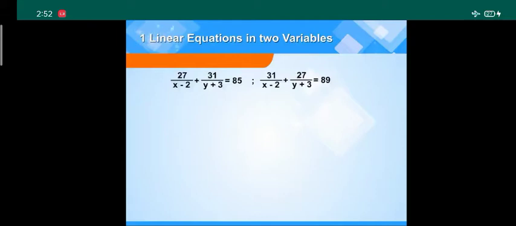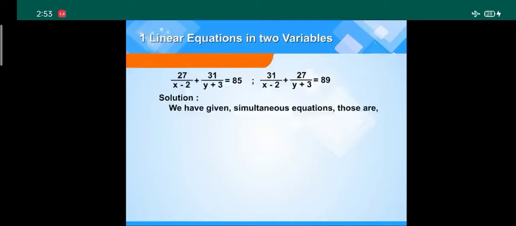27 divided by x minus 2 plus 31 divided by y plus 3 is equal to 85, and 31 divided by x minus 2 plus 27 divided by y plus 3 is equal to 89. Solution. We have given simultaneous equations.